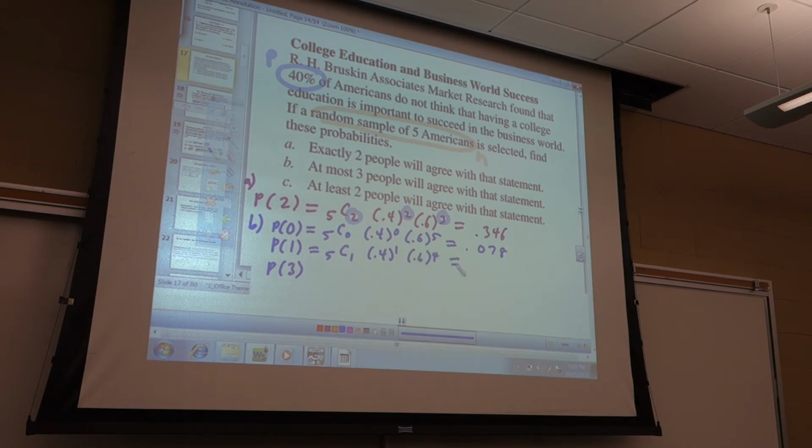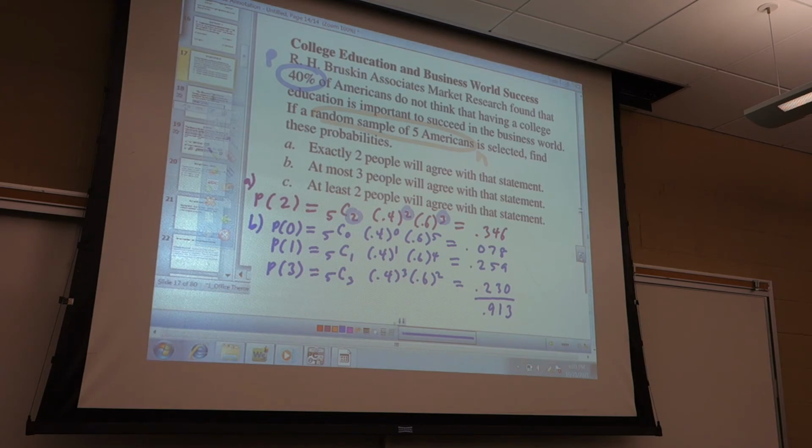So that's going to be 0.259. And then the next one, 5 choose 3 times 0.4 to the 3rd times 0.6 to the 2nd. So that ends up being 0.230. So altogether you end up with, I think, 0.913. Good? Good.